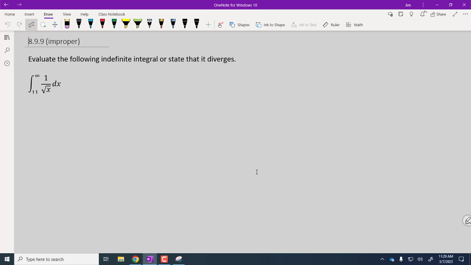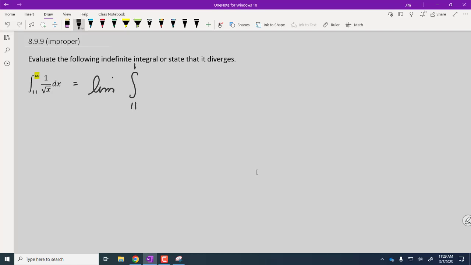The first piece of notation that's super important is that when we have an improper integral, you must take a limit. So an improper integral is the limit of a definite integral. Our very first step in almost every single improper integral should be limit of something. And in this case, our interval goes from 11 to infinity.